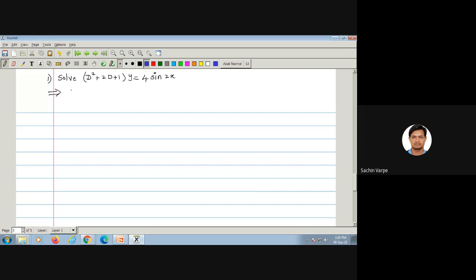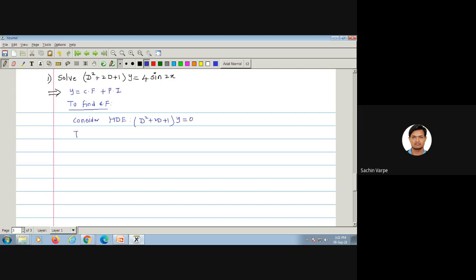So its general solution is y equals CF plus PI. To find the complementary function, we consider the homogeneous differential equation, d square plus 2d plus 1 times y equals 0.